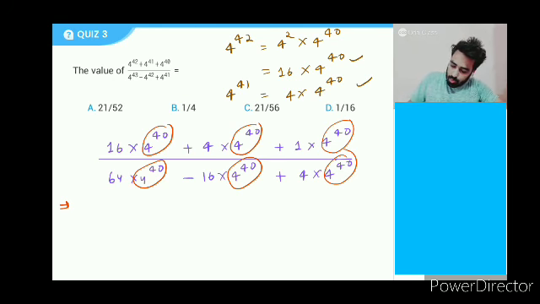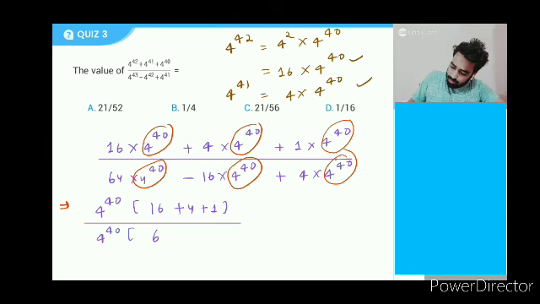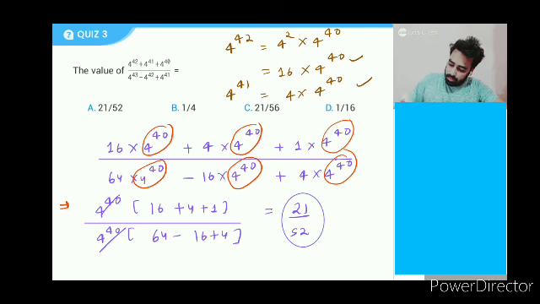Now if I take 4 power 40 common from both, in the numerator I'll get 16 plus 4 plus 1, and in the denominator I'll get 64 minus 16 plus 4. 16 plus 4 plus 1 is 21. 64 plus 4 is 68, minus 16 is 52. This should be the final answer.